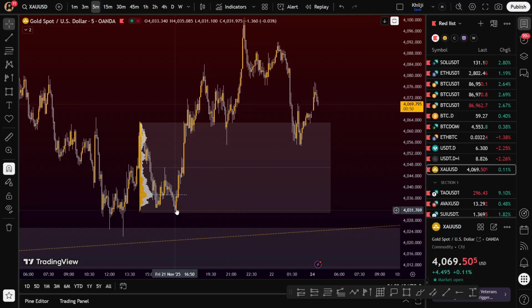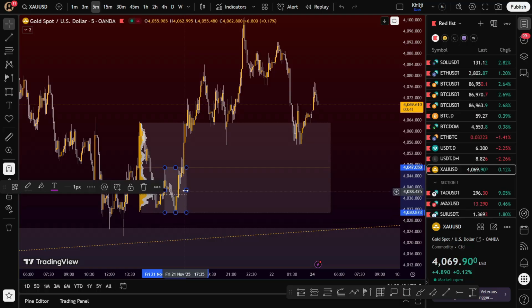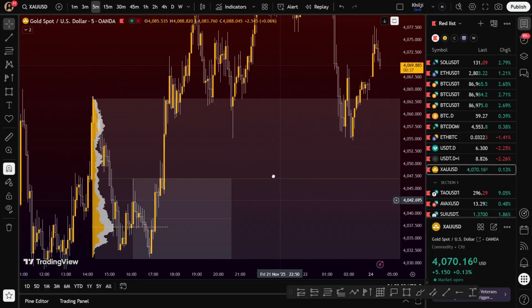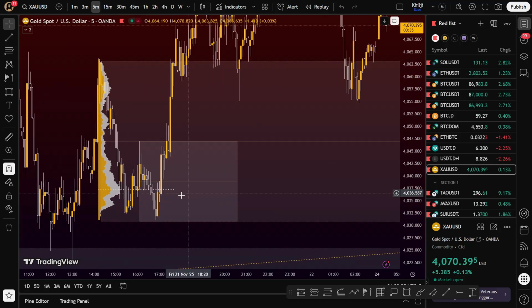I'm just showing you the ways that we can actually utilize it, because again, this is another glitch within that. So in this case, now see this, we have a zone and we have a glitch, and on the glitch we know that this is the zone point of control, right? Zone POC. This is where the most volume has been traded.